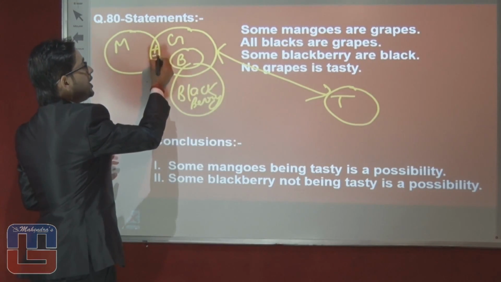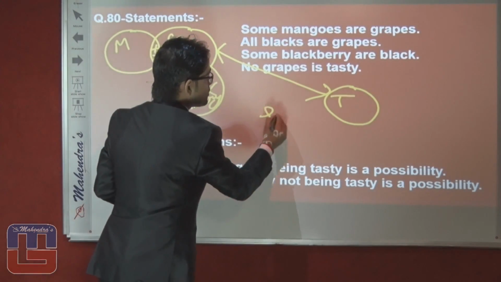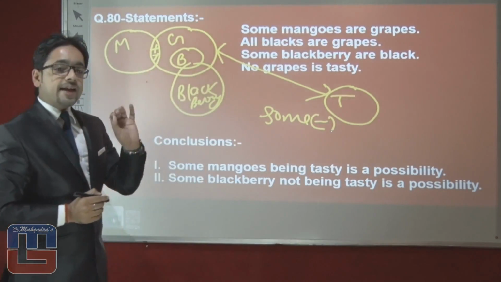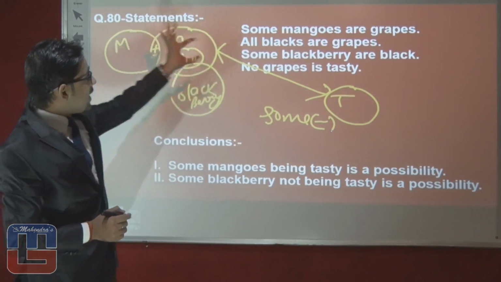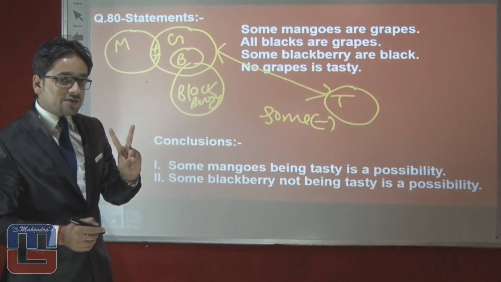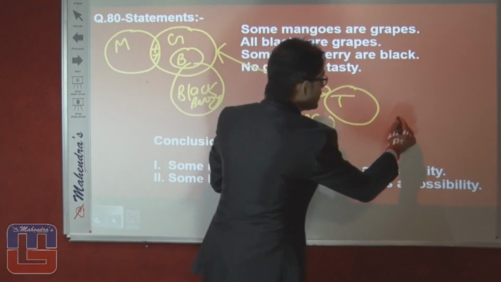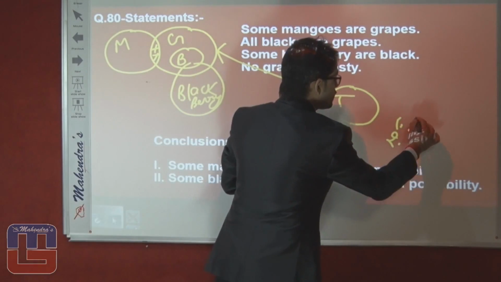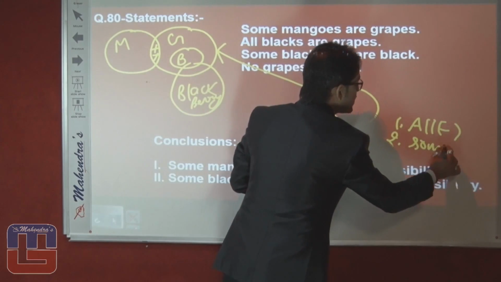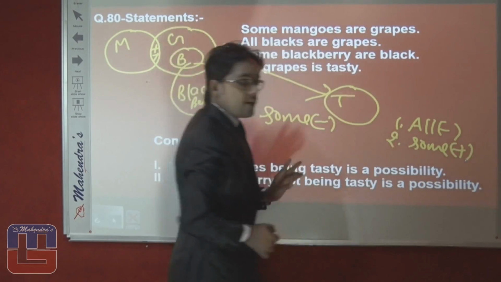There is a relation between mangoes and tasty, which is some negative in a definite manner. If any time you find some negative relation between two entities, then only two possible cases will be there: the first possible case will be all negative and the second possible case will be some positive.